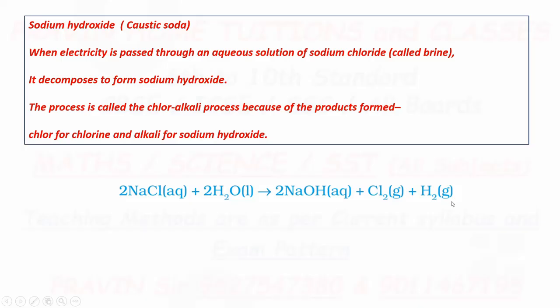These gases are evolved. So that's why this reaction is called chlor-alkali process. Chlor for chlorine gas and alkali for sodium hydroxide. That is the chlor-alkali process.